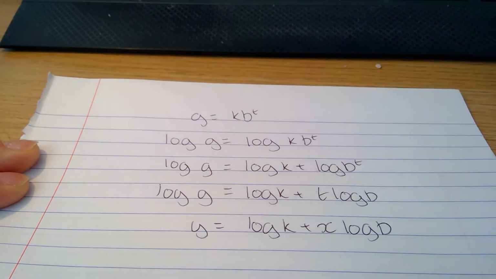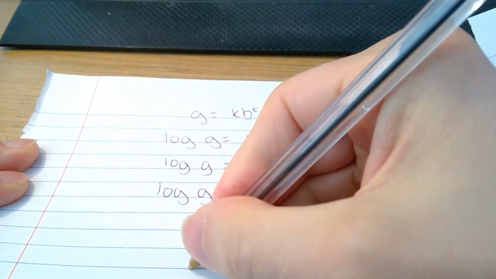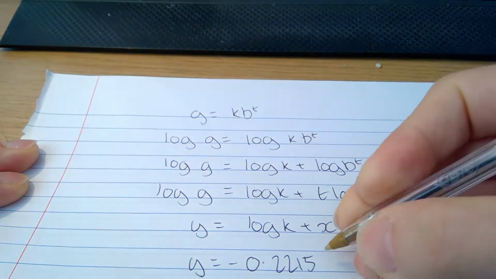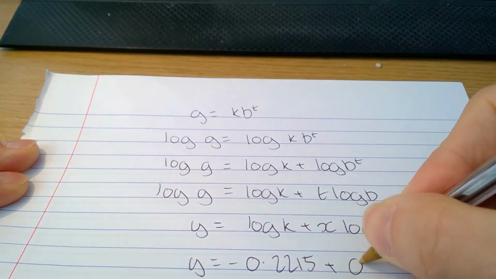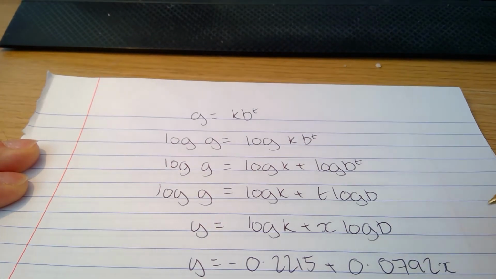Okay, so like so. And in the question we're told that y is equal to minus 0.2215 plus 0.0792x. So we're kind of just matching things up.